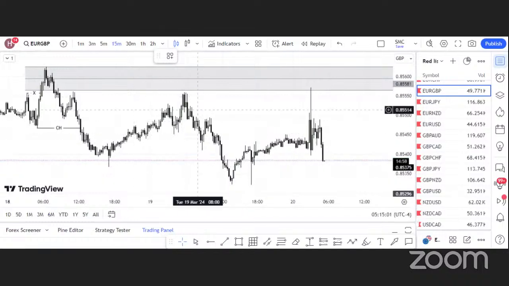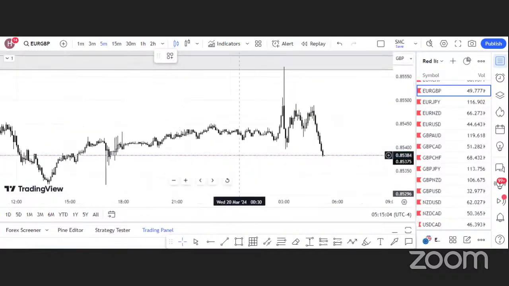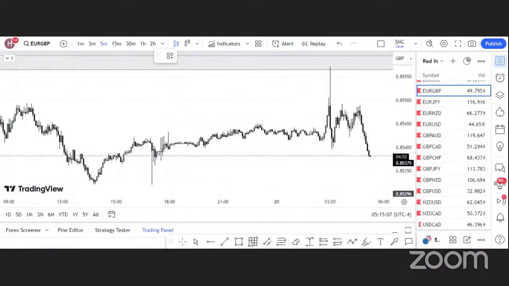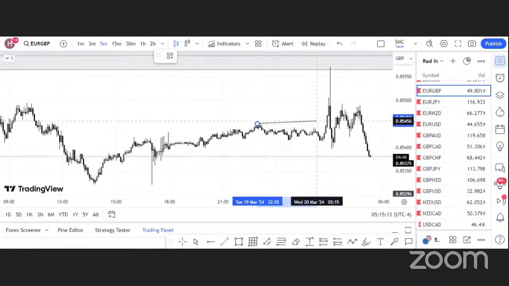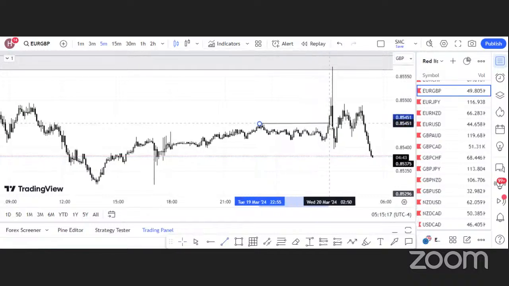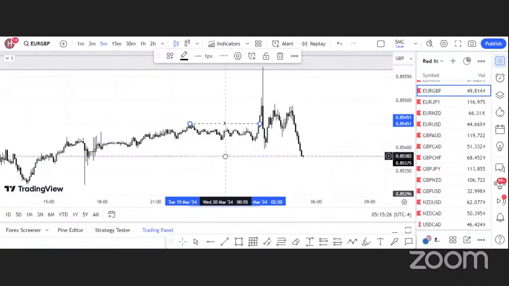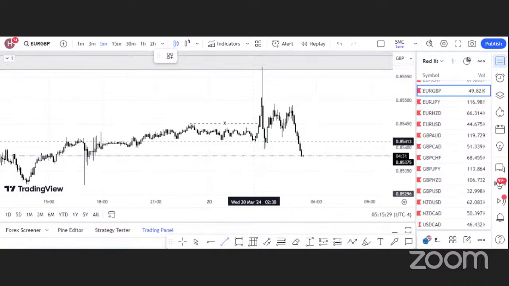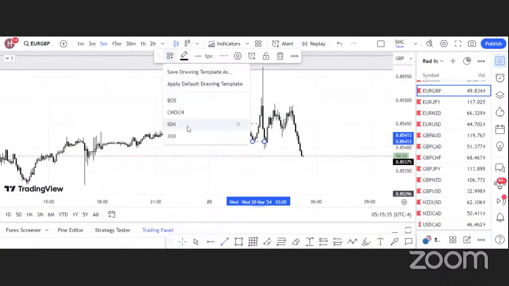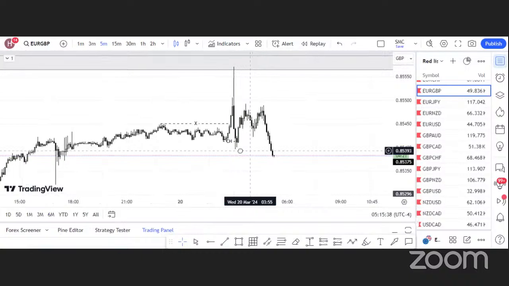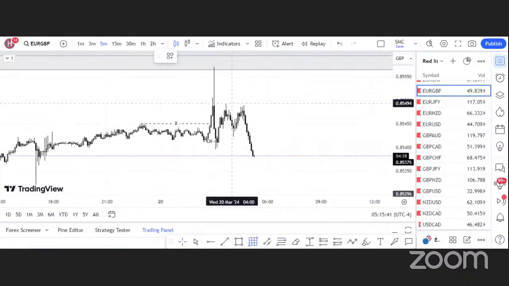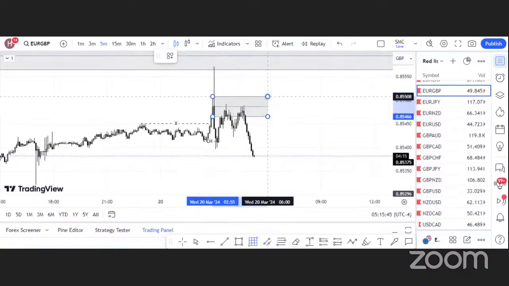So here right now we have another liquidity taken out. So I think we are gonna get an opportunity to continue with this trend. Here we have this move.